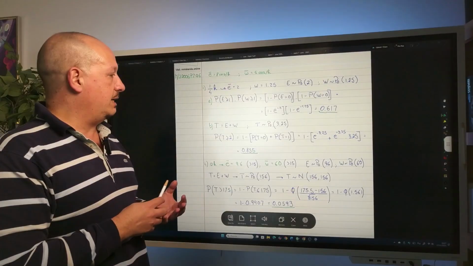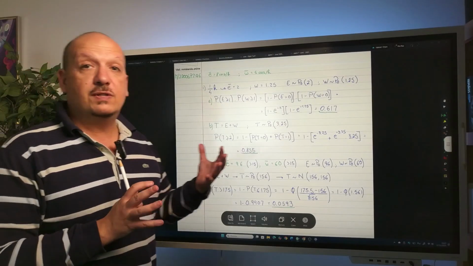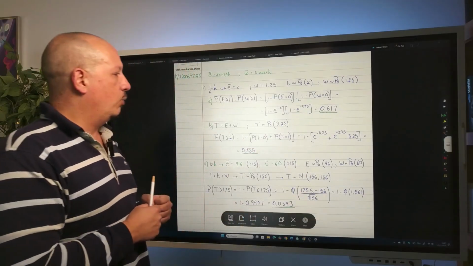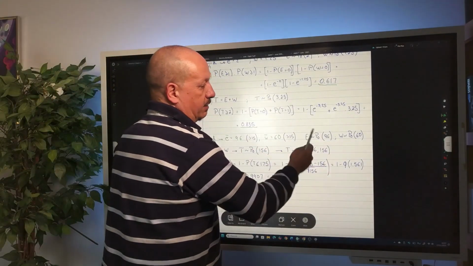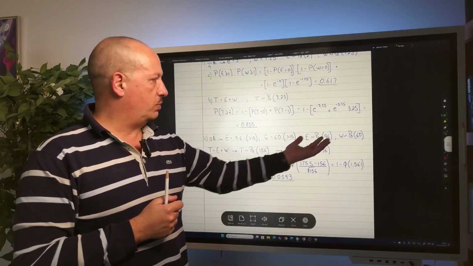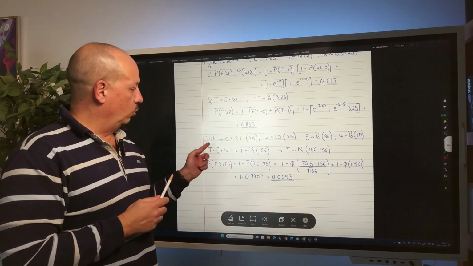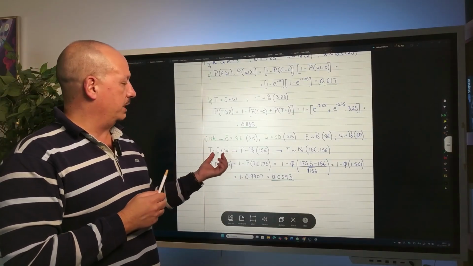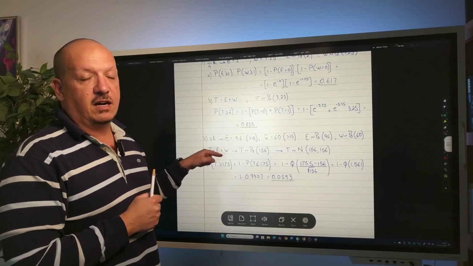You can now use the normal distribution as an approximation for the Poisson.